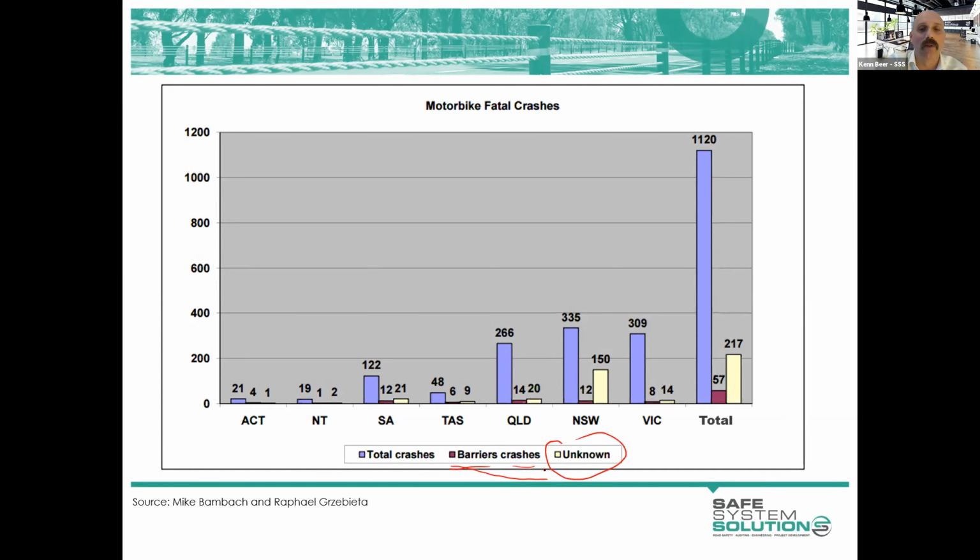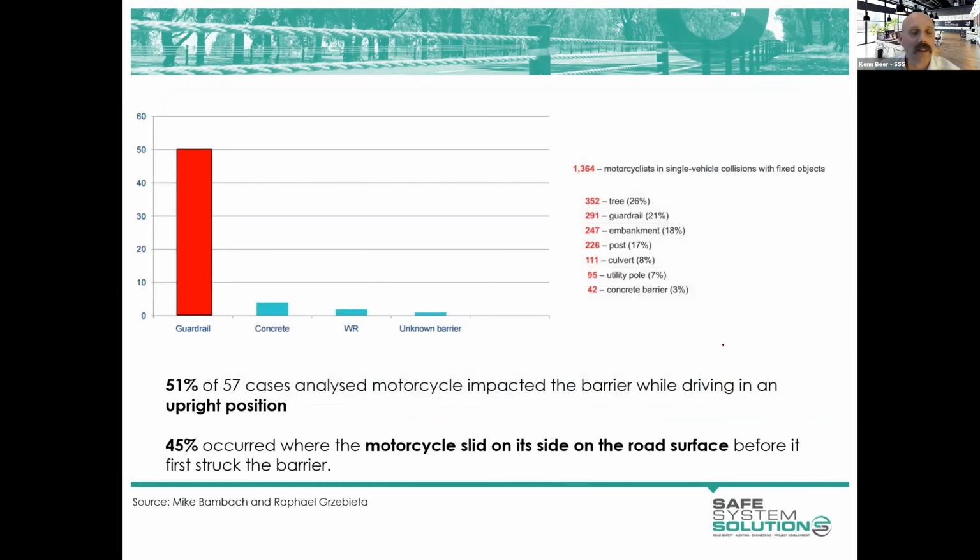There's a fair bit of unknown there actually, which is the police reported not knowing what was actually struck that caused the fatality. Nonetheless, something we do need to think about.